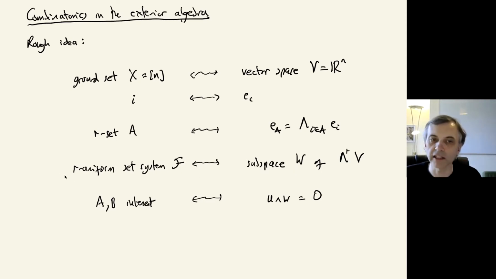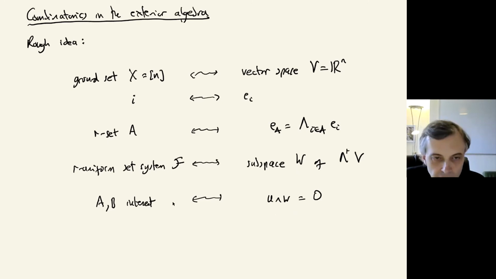All the vectors that come from these r-sets are decomposable because we've written them as a wedge product of some vectors. But a general subspace won't have lots of decomposable vectors in it. So this correspondence gives us very nice subspaces. Nevertheless, we'll see that those are in some sense very helpful to think about.